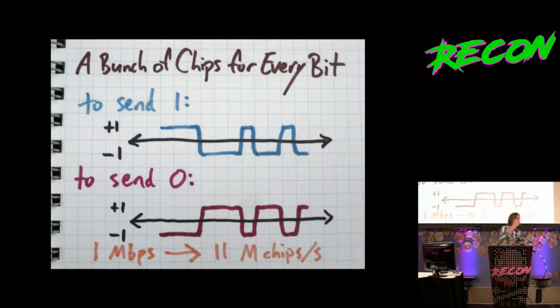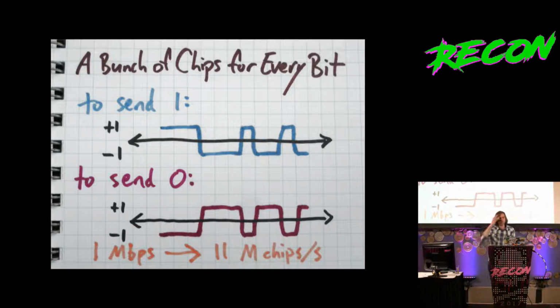But instead of a high state being a 1 and a low state being a 0, a high state is just one of many chips, and you use a bunch of chips to send one bit of information. Going across my graph paper here, I have a sequence of chips that's high, high, high, low, low, low, high, low, low, high, low. These 11 chips actually represent one data bit.